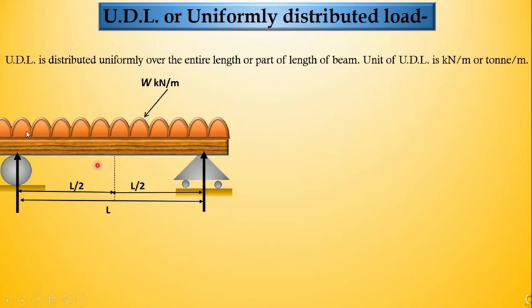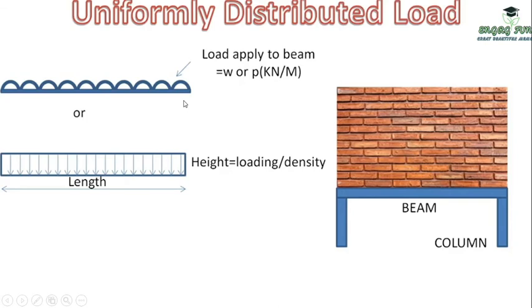The UDL is applied, distributed uniformly, on the entire beam. That is the example for UDL. The bricks are applied on the entire beam. So that is the uniformly distributed load.